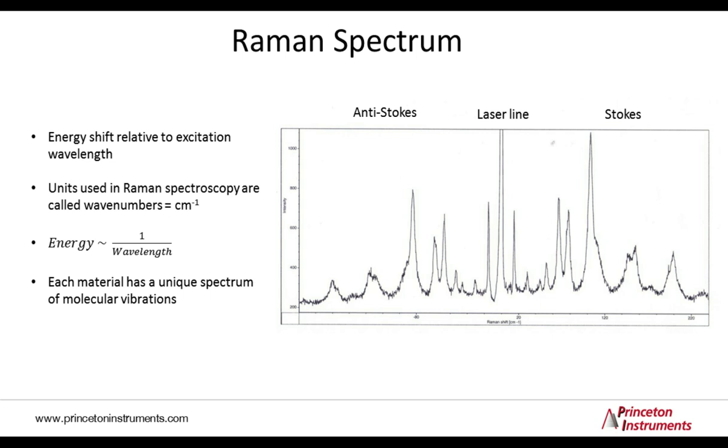The output of a Raman measurement is typically a recorded Raman spectrum, such as the one shown on this slide. Raman measures energy shifts relative to the relatively strong laser excitation line, and Raman spectroscopy conventionally uses units called wave numbers, which are measured in inverse centimeters.